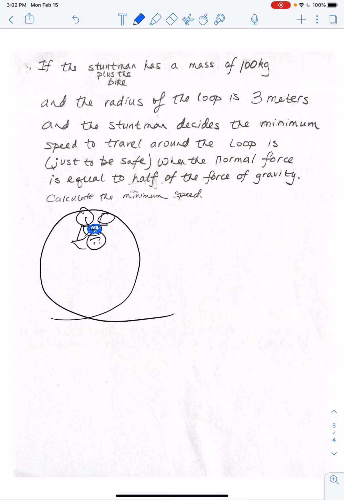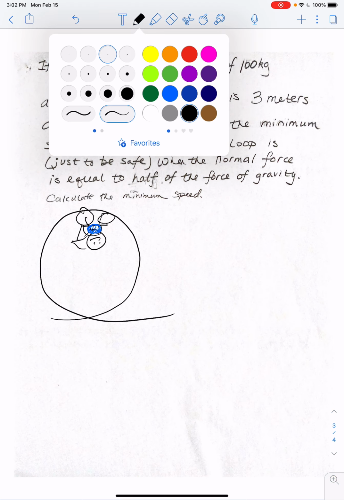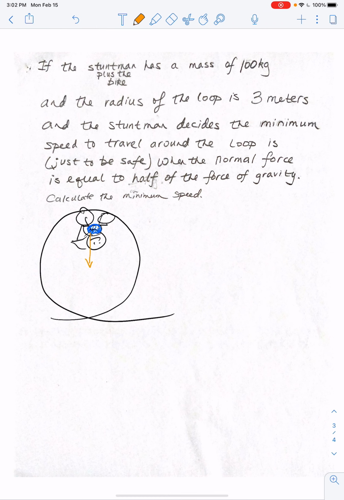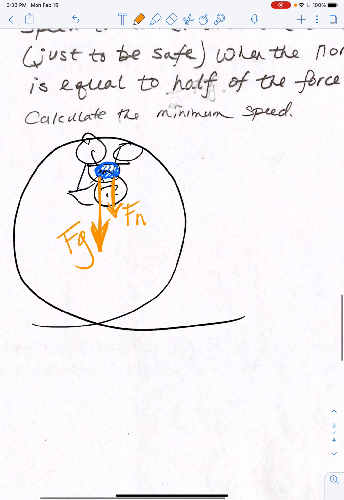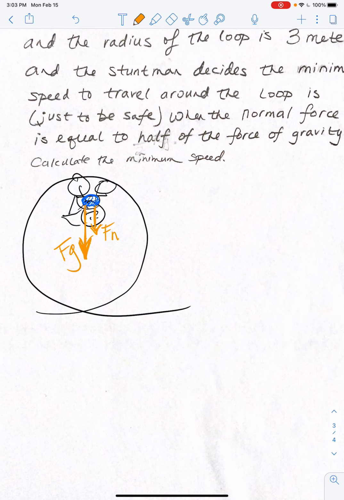And we have a force gravity pointed down, of course. And then we have a normal force pointed down that we are specifying is half of force gravity. So I could have been a little more careful and drawn this force normal exactly half of this larger force gravity. Maybe that's closer right there. So something like that.